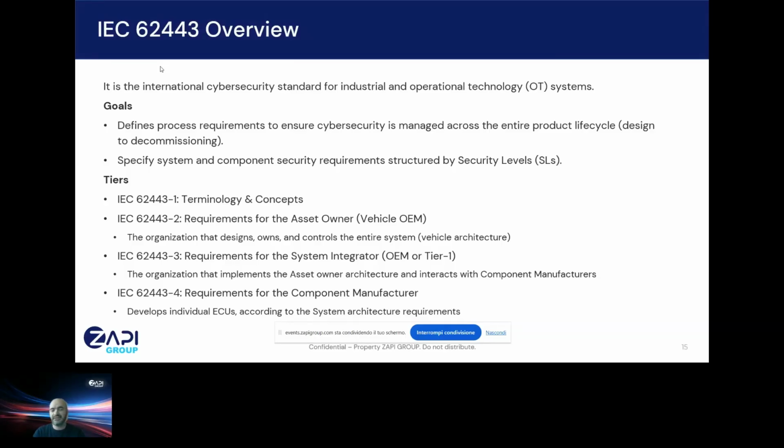Part 3 instead defines the cybersecurity requirements for the system integrator, that is the person or organization responsible for taking the cybersecurity requirements defined by the asset owner and implementing the system, also defining the cybersecurity requirements for the ECUs that compose the system. In the case of the vehicle manufacturer, the system integrator can in some cases be the asset owner. The last part defines the cybersecurity requirements for the component manufacturer.